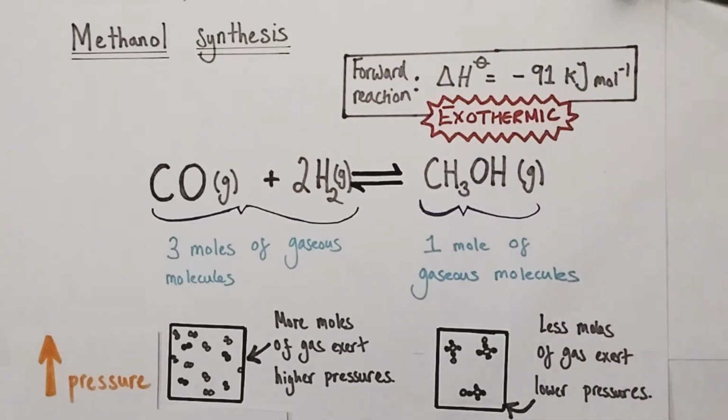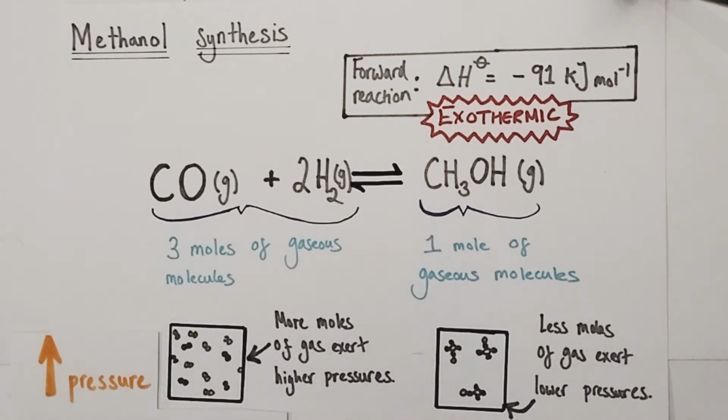My question is, to which side of the reaction do we want to move the position of equilibrium to result in a lowered pressure? We want to move it to the side that has fewer moles of gaseous molecules because they will be exerting less pressure on the reaction vessel's walls. So it would appear that the side of the reaction that has fewer moles of gaseous molecules would be the right-hand side, i.e.